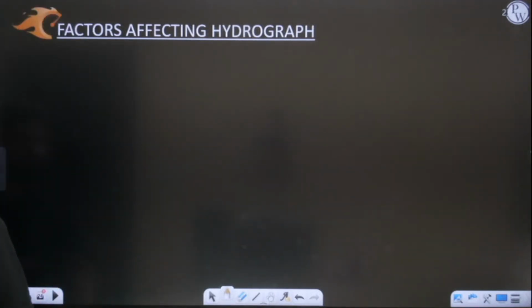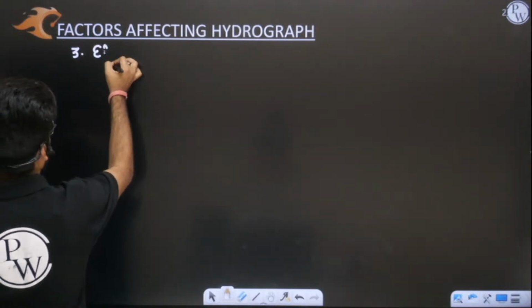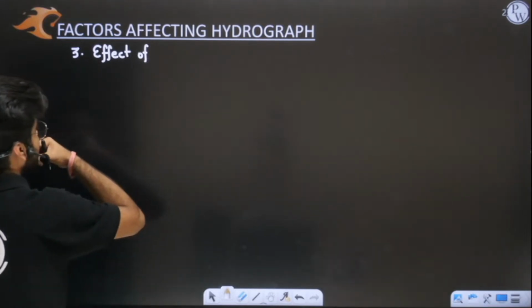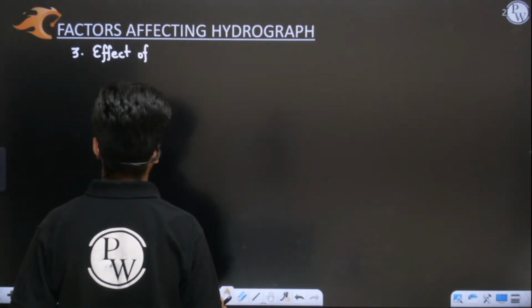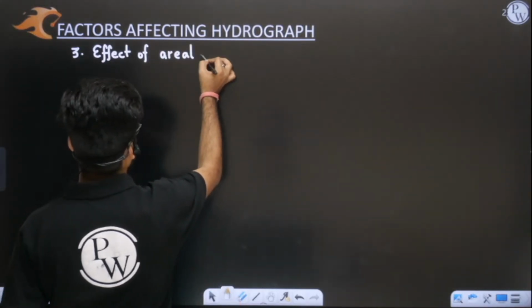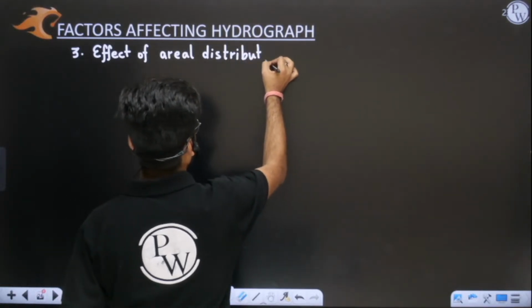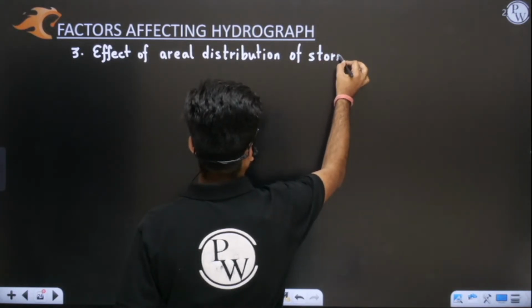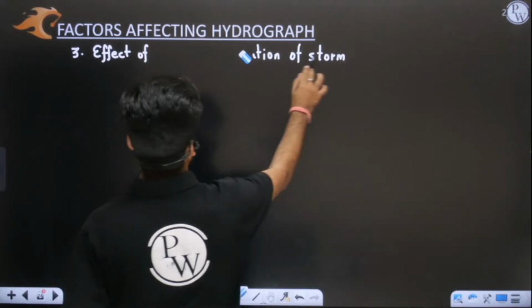Now we will discuss the effect of storm movement. Basically we have the effect of aerial distribution of storm.